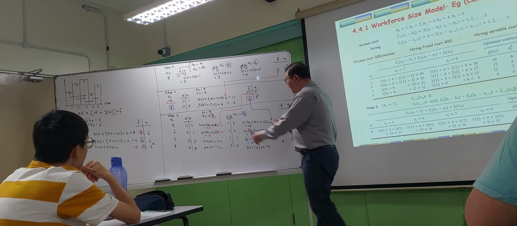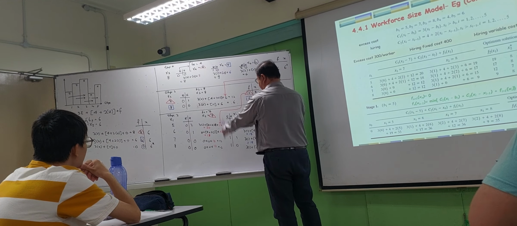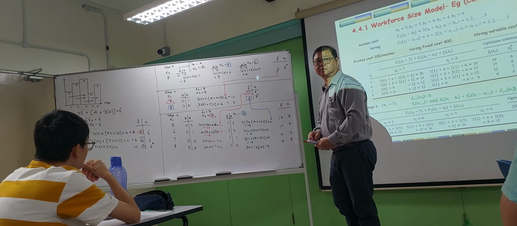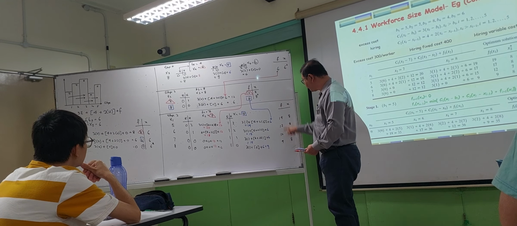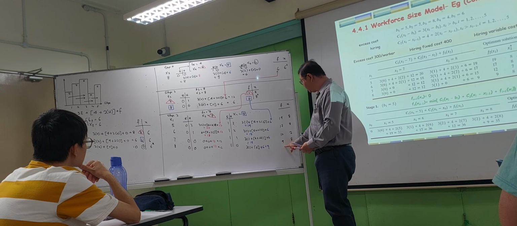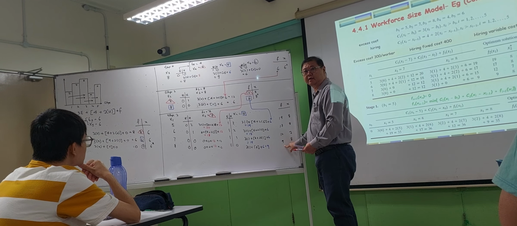So this one you compare your two columns. Okay? Now to put it at the rate, we compare this value here. Which one is the cheapest? This is the cheapest. Okay?